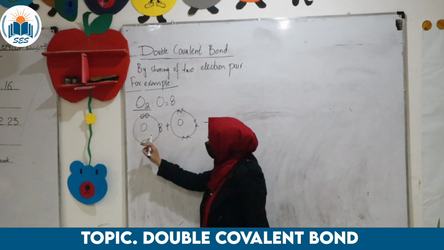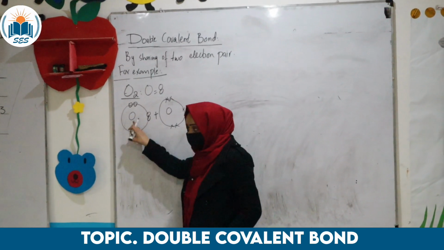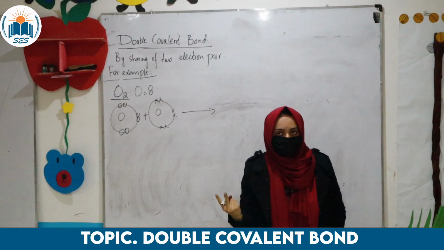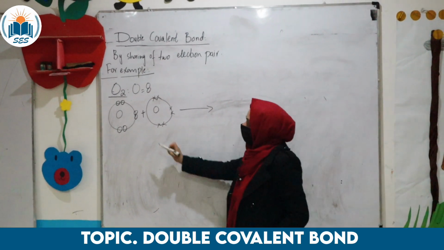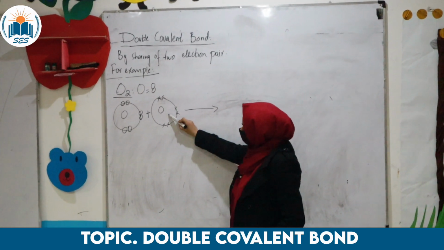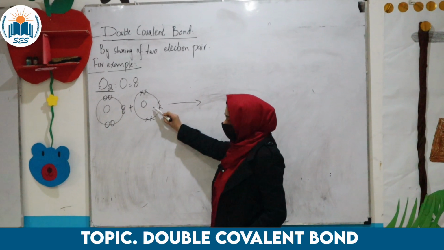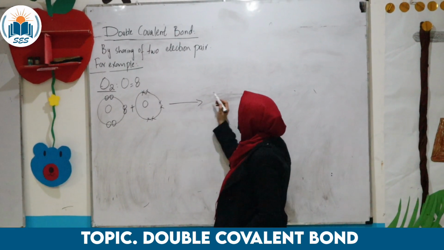As you are saying, how many electrons does this oxygen atom need? This oxygen atom needs 2 electrons in order to complete its octet. So it will share 2 electrons. This oxygen atom also needs 2 electrons, so it will also share 2 electrons.